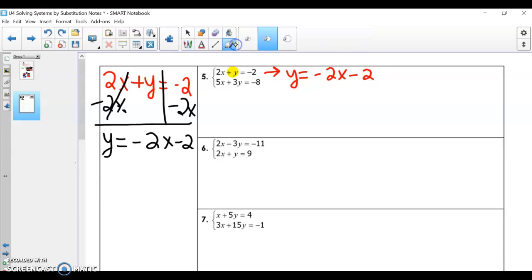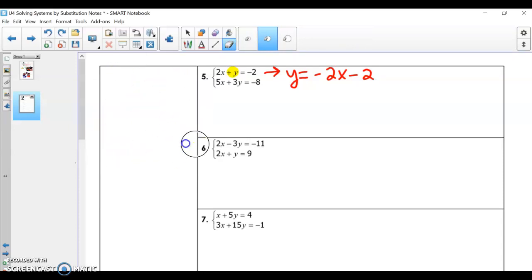So then I'm going to take this and get rid of this. All right. And then now that we have one that has a y equals, or in this case, the variable is by itself, I'm going to take what y equals and I'm going to plug it into the next equation for y. All righty. So I'm going to rewrite the bottom equation.